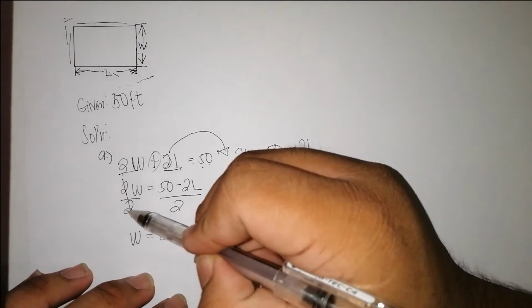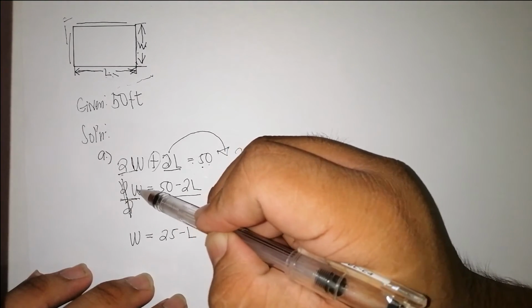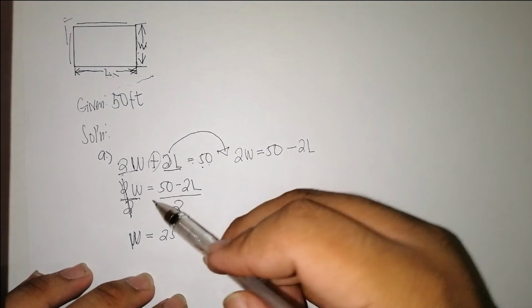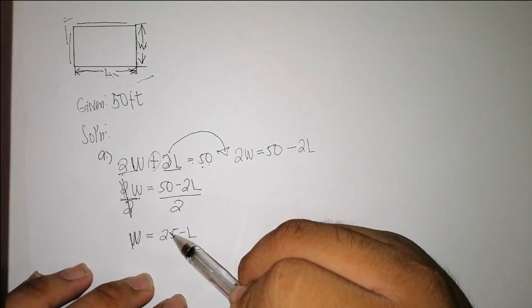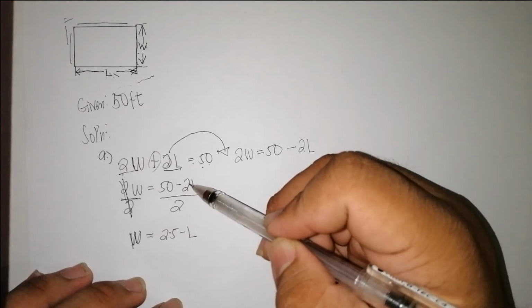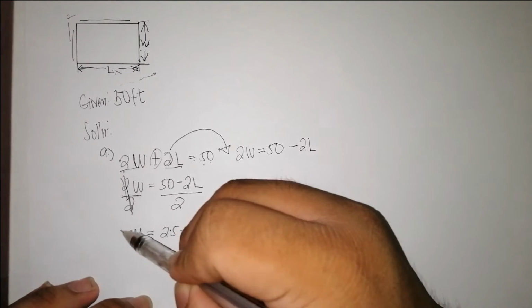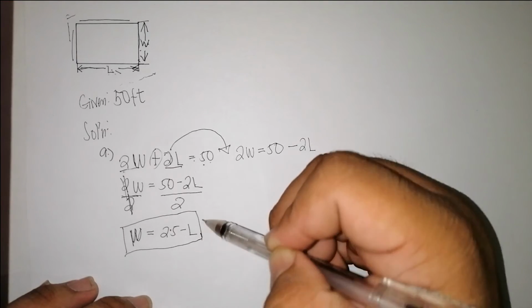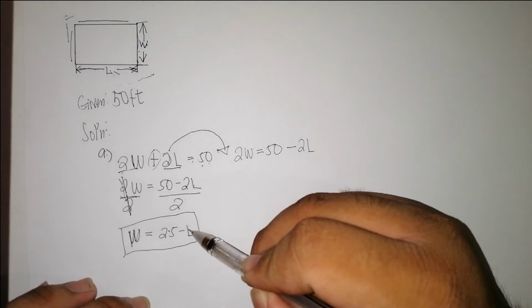So the 2 will be cancelled out here, and we are left with W, or the width. Then 50 divided by 2 is 25, and 2L divided by 2 is L. So that is how you get the width of the rectangle as a function of L, W equals 25 minus L.